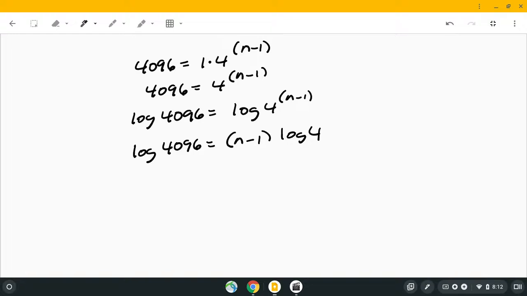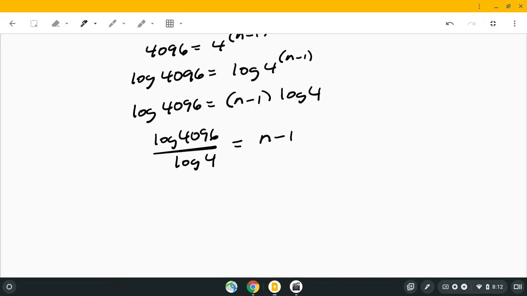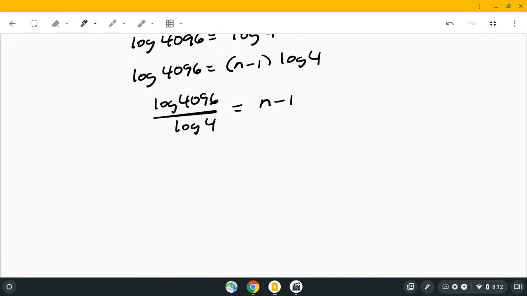Divide both sides by log 4, so that I have n minus 1 by itself. Now add 1 to both sides to get n by itself. And I get log 4,096 over log 4 plus 1 equals n.